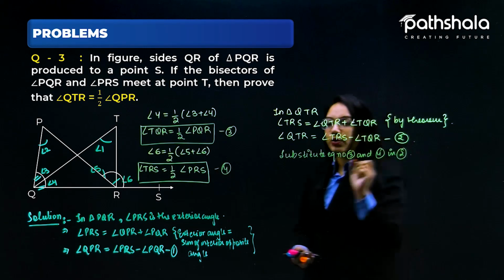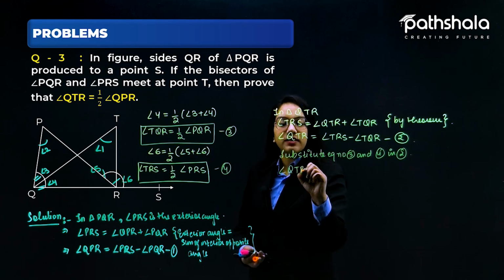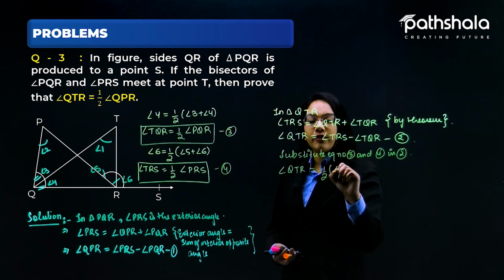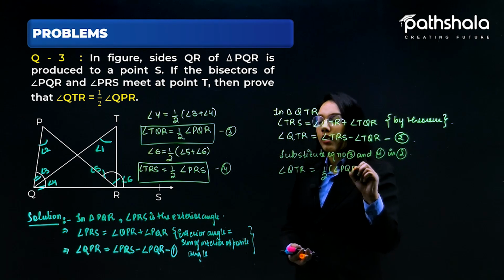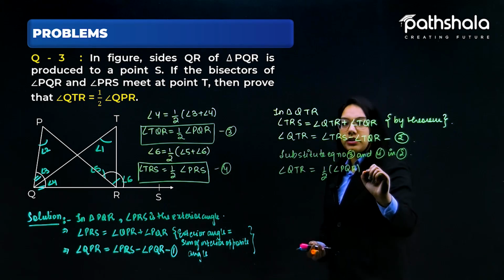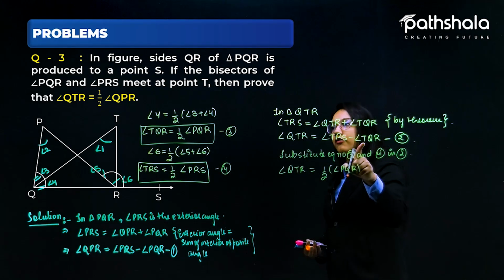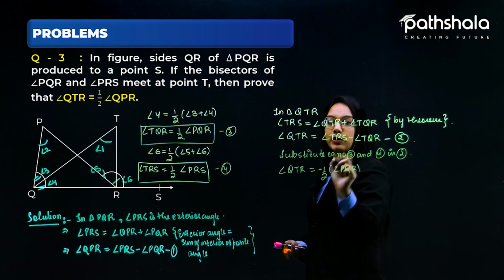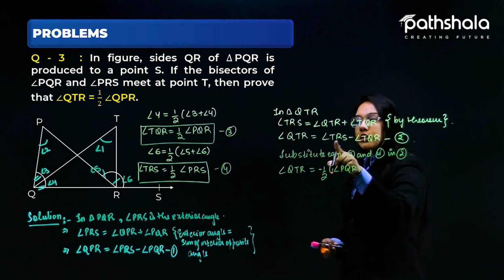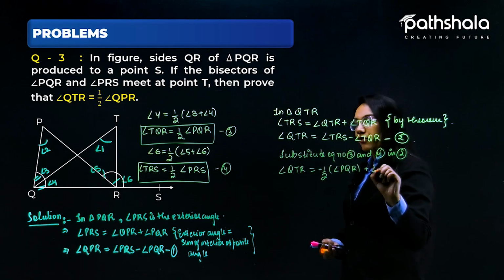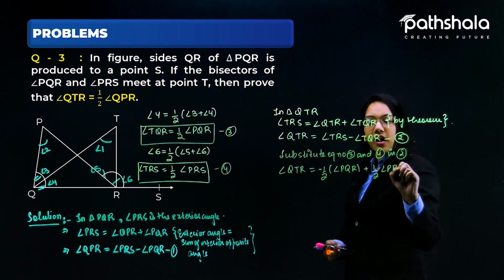Substituting the values, QTR comes out to be half of the angle PRS minus half of the angle PQR. This is a minus because of the minus symbol over here, and TRS is plus half of the angle PRS.